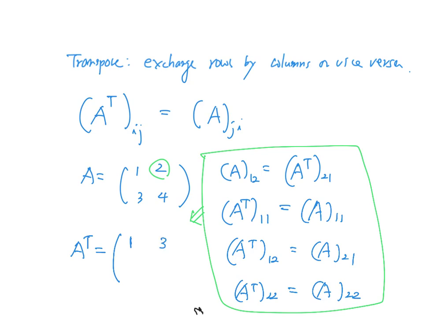A transpose 2, 1 is the same as A 1, 2, so it's 2 and 4. So it actually looks like this: you change this column into this row, and you change this column into this row.